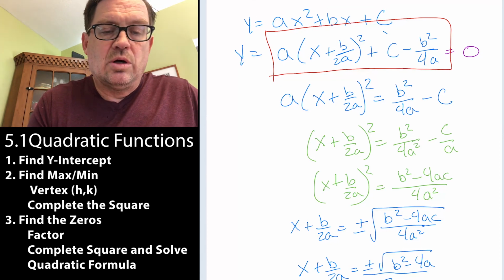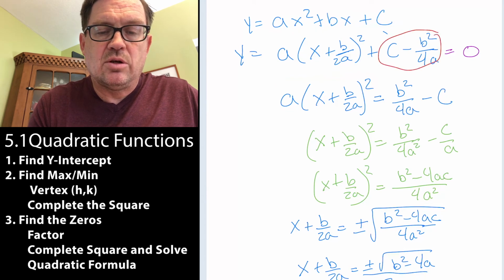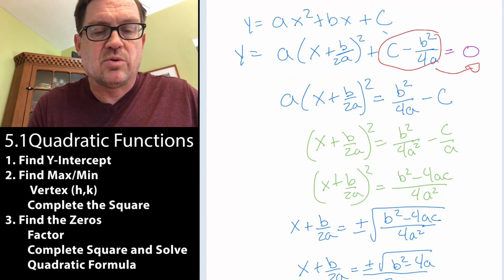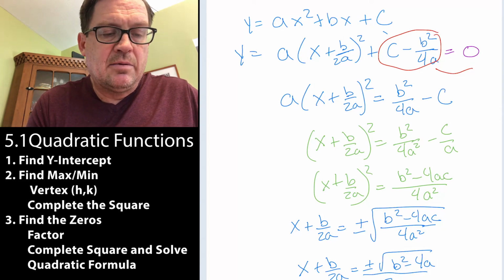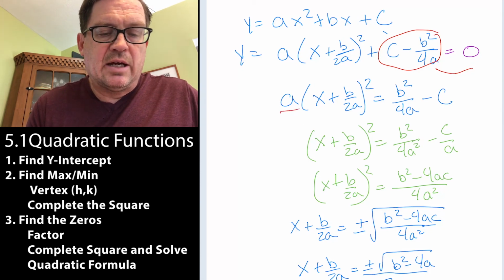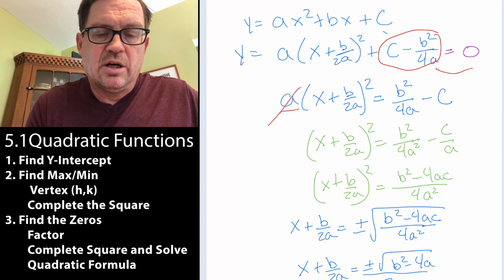Well, you move this side to the other side of the equation, and so you get b squared over 4a minus c. Then you divide both sides by a, and so that goes away. And over here, you get a 4a squared, and you get a c over a.